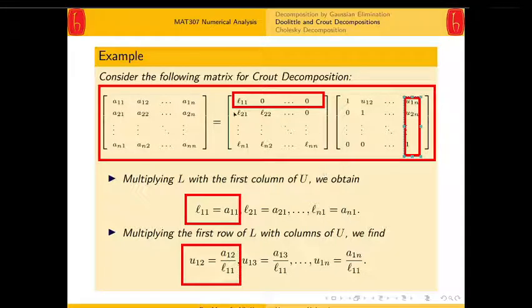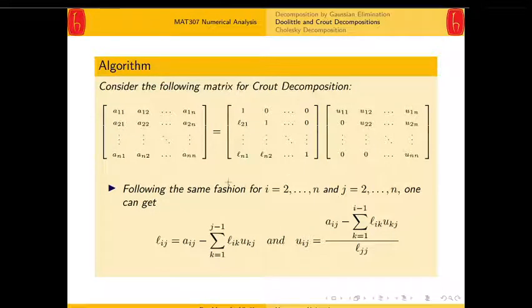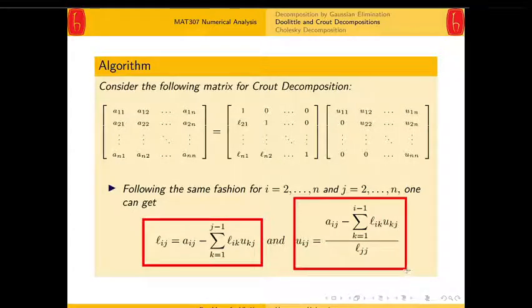Once we obtain all these entries, from that point on we can follow the same pattern and obtain the rest of the entries as well. Following the same fashion, for i equal to 2 to n and j equal to 2 to n, we obtain the entries of the lower triangular matrix by this formulation, and the entries of the upper triangular matrix by this formulation.